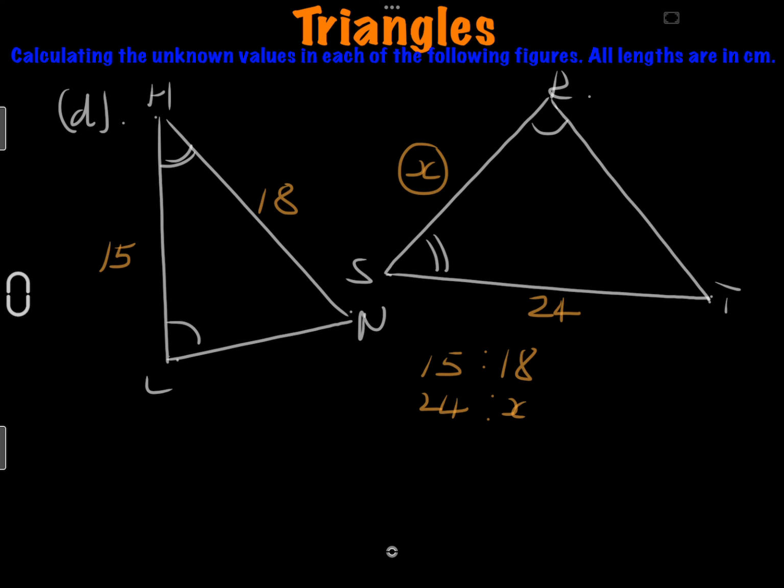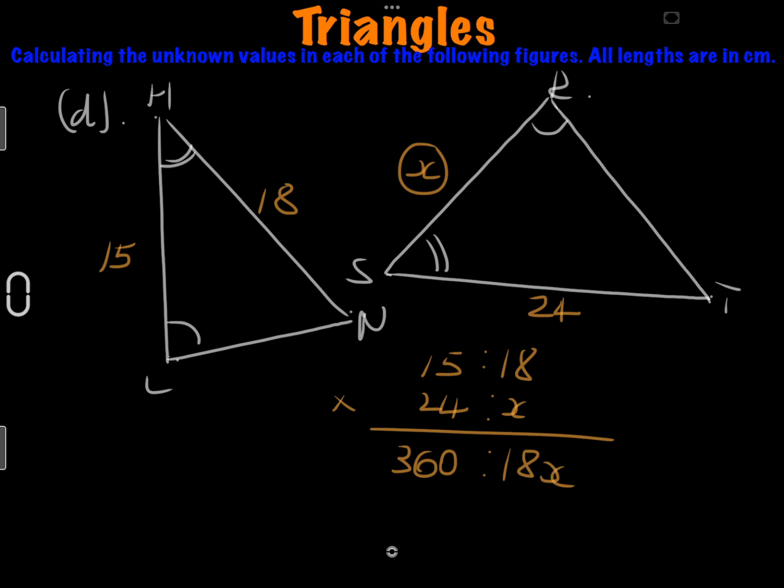So by proportionality, we simply need to multiply these values. 15 multiplied by 24 gives us 360, and then 18 times x gives us 18x.